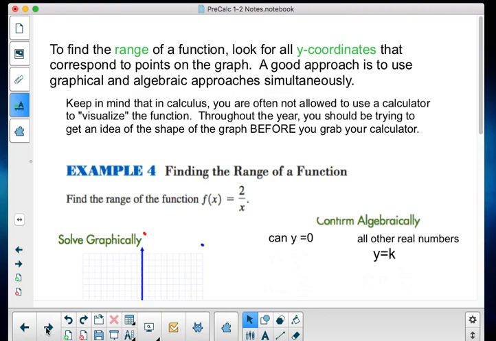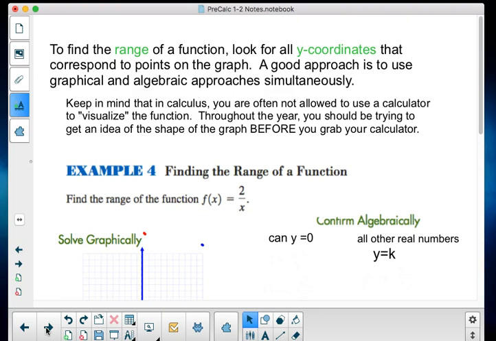Now, to find the range of a function, look for all y coordinates that correspond to points on the graph. A good approach is to use graphical and algebraic approaches simultaneously. Keep in mind that you've really got to make sure your use of a calculator is limited, that you're not really relying on it. You're using it to check your work, not do your work, especially on those gray oval questions in the book.